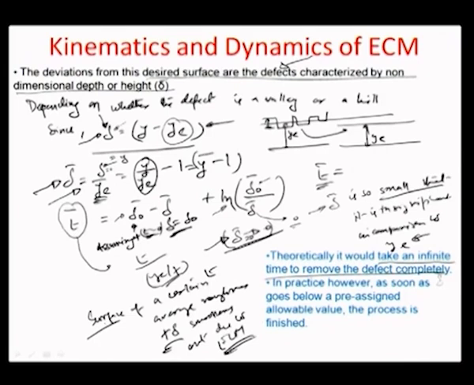So if you start with a certain surface roughness, and your design specification says that you have to have a roughness which is within a tolerable limit, which has been given, let us say, or proposed by the design, you now have a basis of how much time you need to wait for an ECM process, so that a certain roughness to start with on the workpiece surface has been eventually smoothened to a desirable roughness or a desirable tolerance value, which has been specified by the engineering department of a certain component.